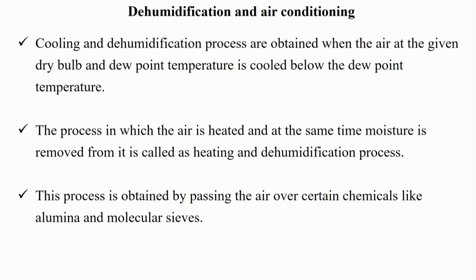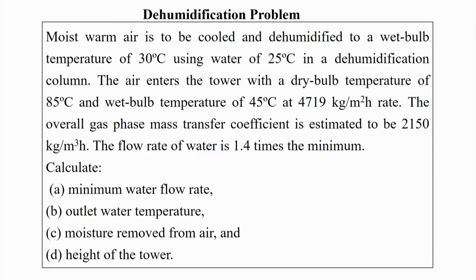Now we will be solving one dehumidification problem, and from there we will learn how moist warm air is cooled, that is, how dehumidification is done in an air conditioning system.